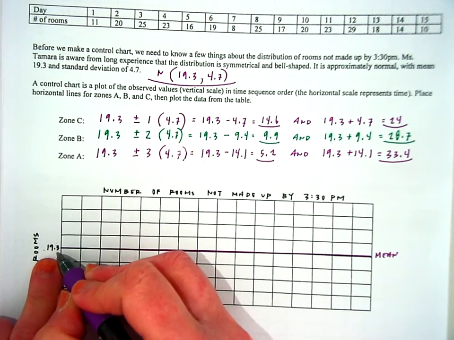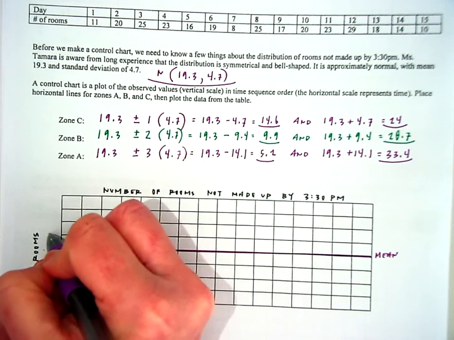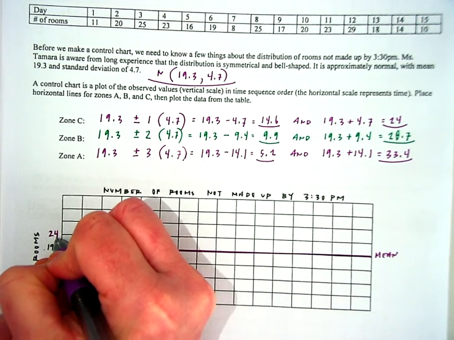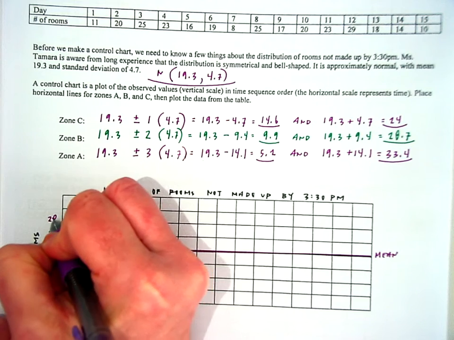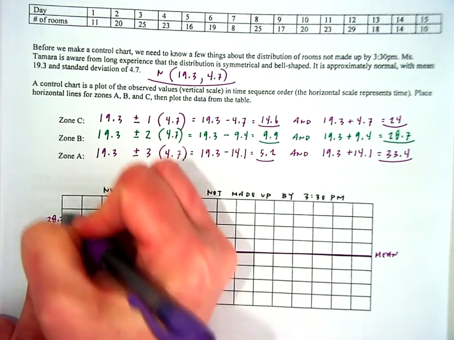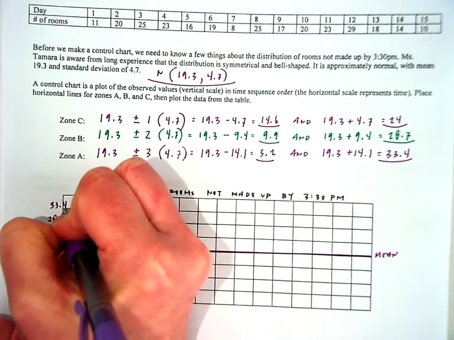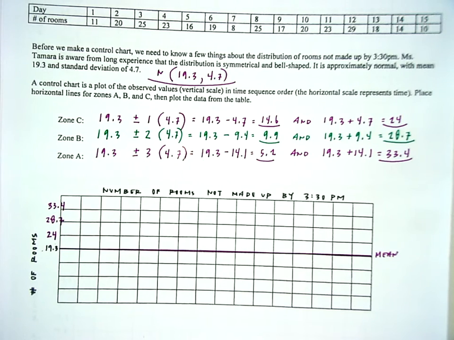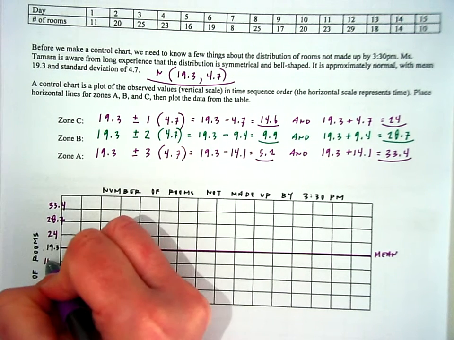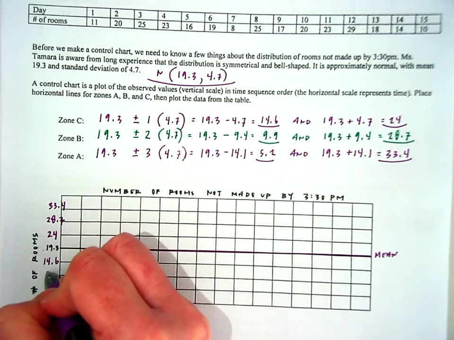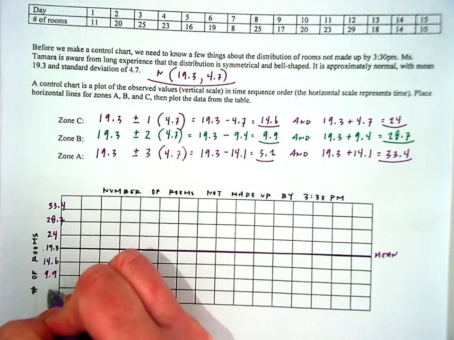So 19.3 plus 4.7 gets me 24. Add 4.7, I get 28.7. And then add 4.7, I get 33.4. If I start with the 19.3 and then subtract increments of 4.7, I have 14.6 here, and then 9.9, and then 5.2.